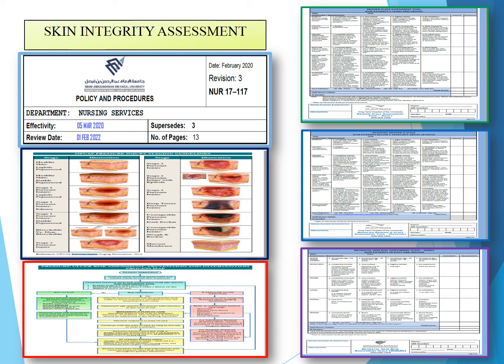For below 5 years old but above 28 days old, use the Modified Braden Scale Skin Risk Assessment Tool, and the Neonatal Skin Risk Assessment Scale for 0 to 28 days old. Reassessment of skin risk will be done as appropriate. Refer to Pressure Injury Assessment Prevention and Intervention Policy NUR 17-117 for guidance.